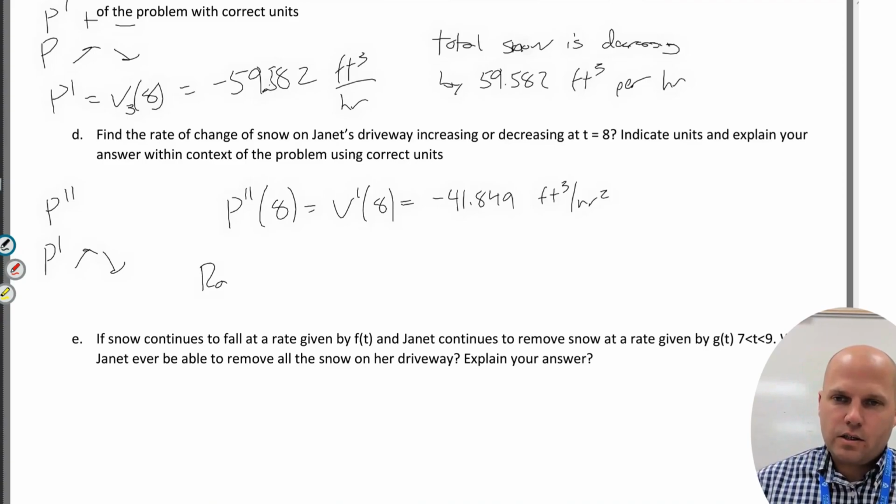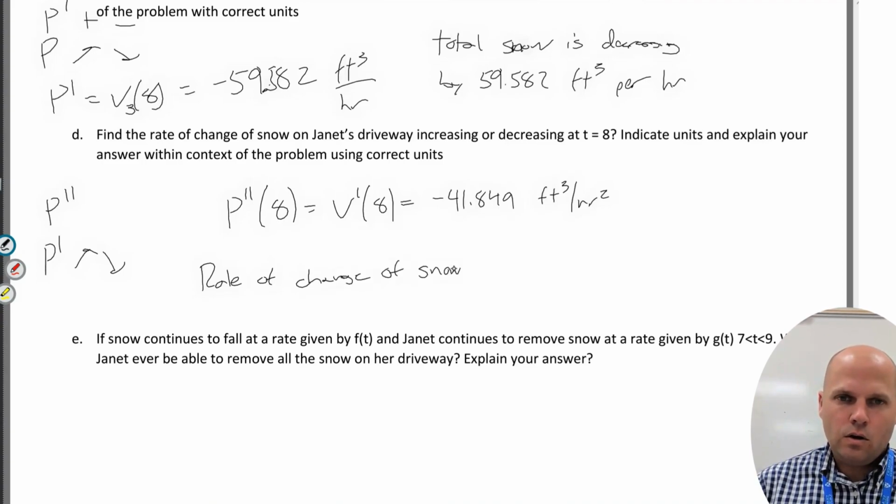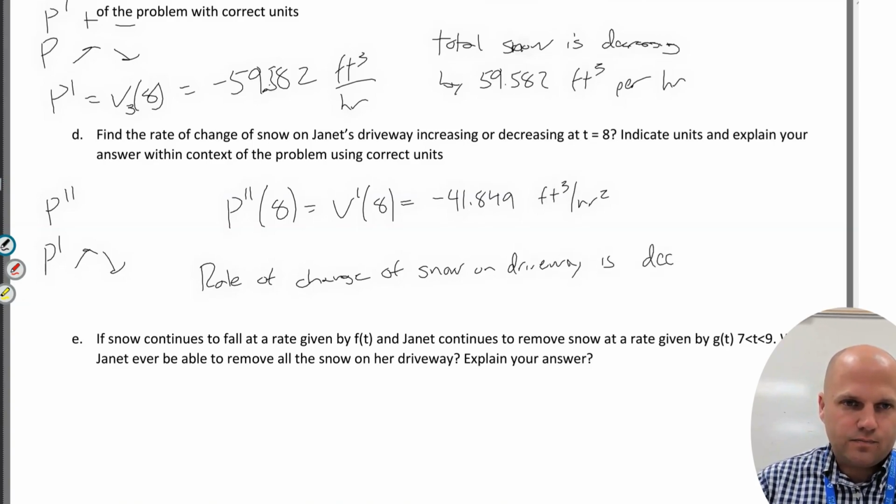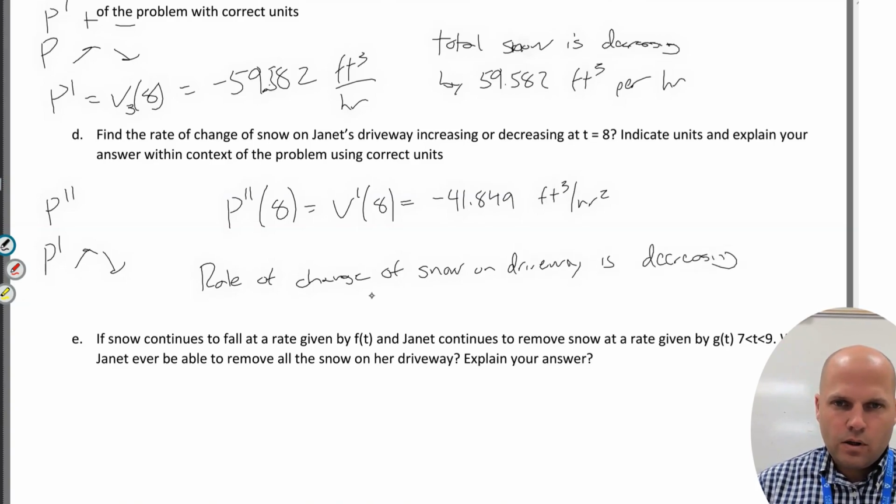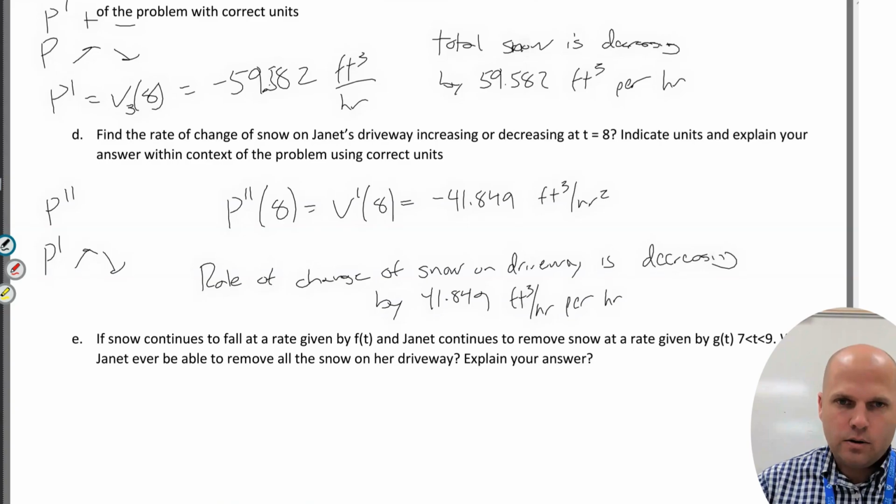So the rate of change of snow on the driveway is decreasing by 41.849 cubic feet per hour at t equals 8.